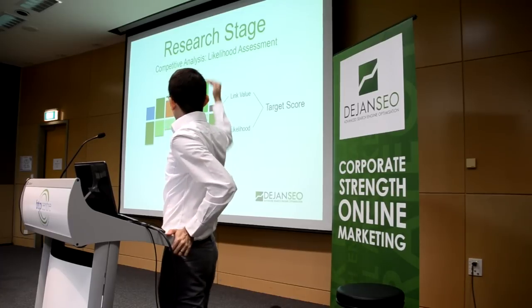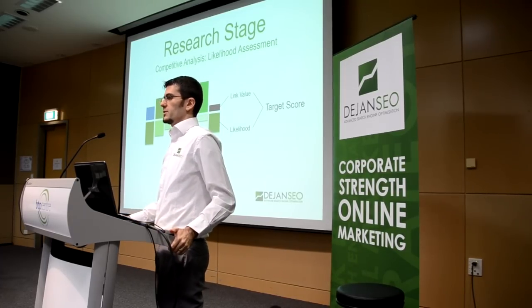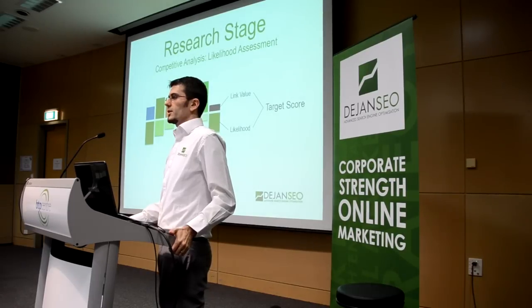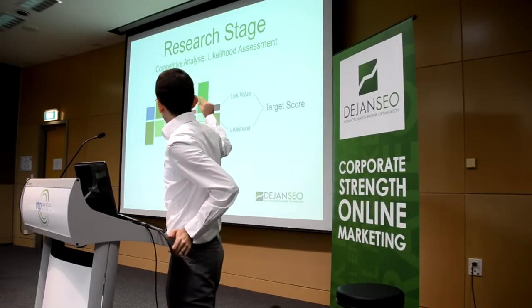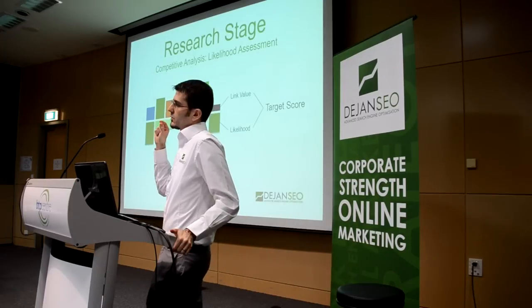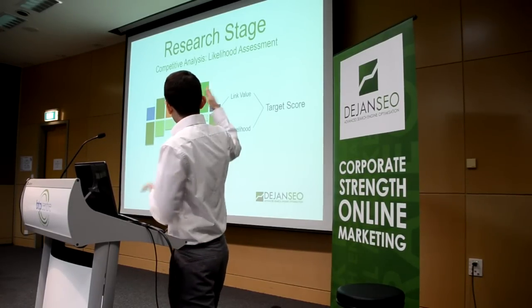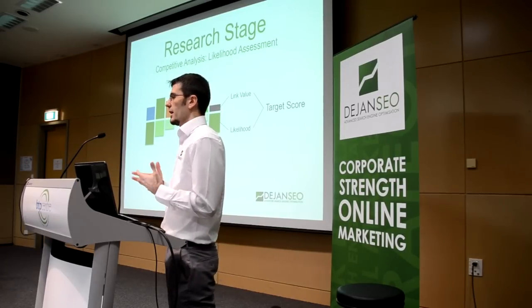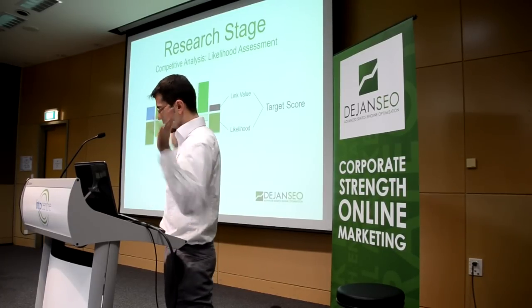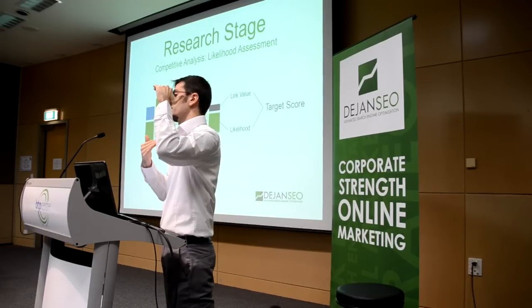So if the link value is really high, on whitehouse.gov, right? I'd like to get a link there. But the likelihood of me getting linked there is minimal, almost 0. So you need to be realistic and balance this out. And then come up with some sort of target score, and eliminate the ones that are totally unrealistic and find the ones that are pretty good, but also pretty realistic.